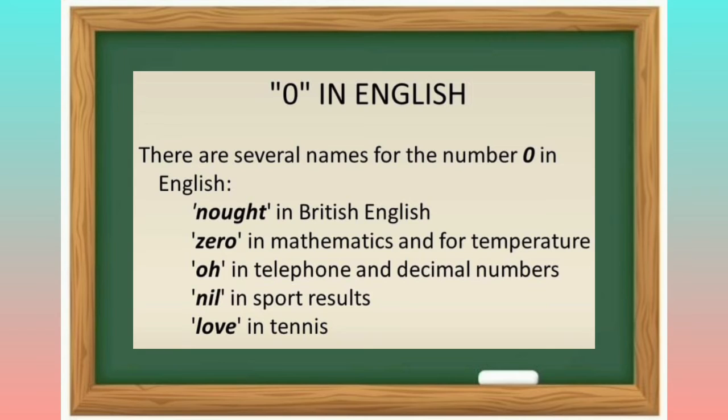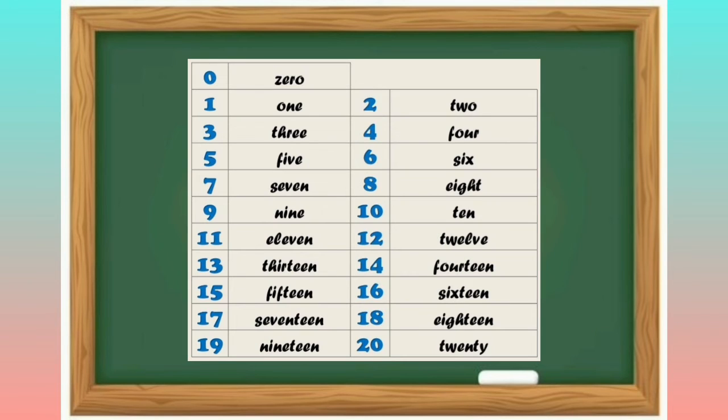For example, the score came out 2-0. Okay. The other numbers can be read as usual, like 1, 2, 3, 4, 5, 6, 7, 8, 9, 10, 11, 12, until 20.